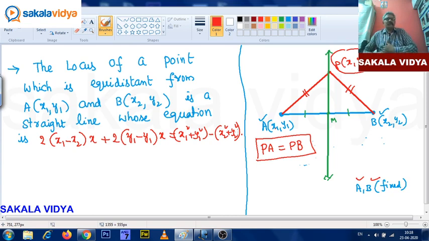Okay. So now the locus of a point which is equidistant from A (x1, y1) and B (x2, y2) is a straight line whose equation is 2 times (x1 minus x2) x plus 2 times (y1 minus y2) y equals x1 square plus y1 square minus (x2 square plus y2 square).